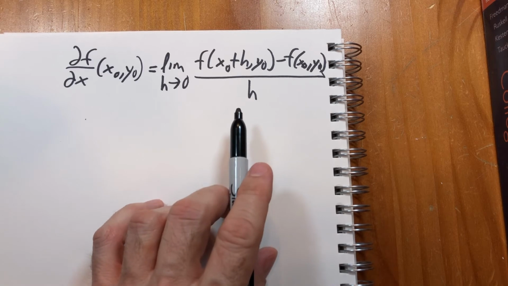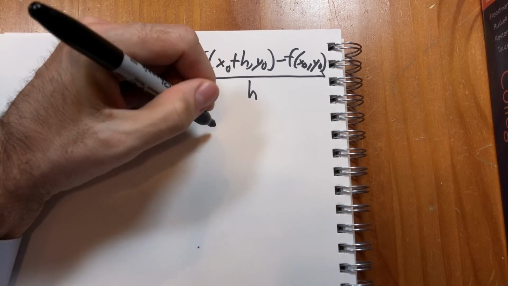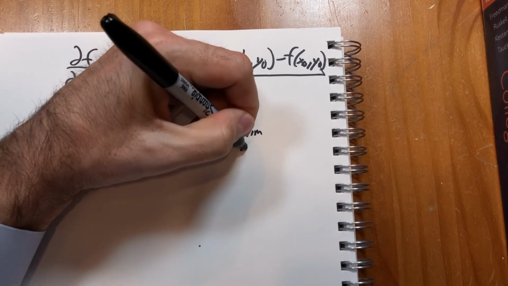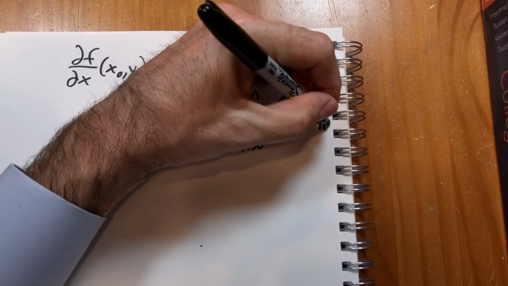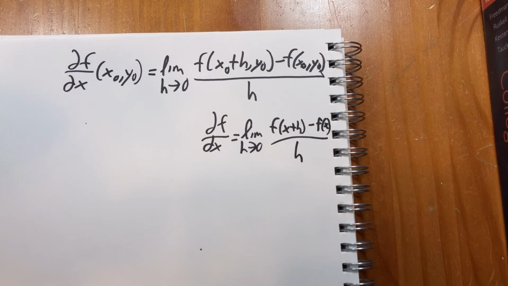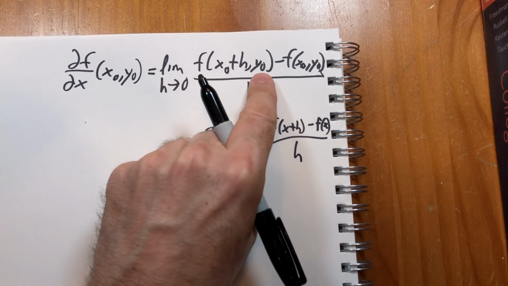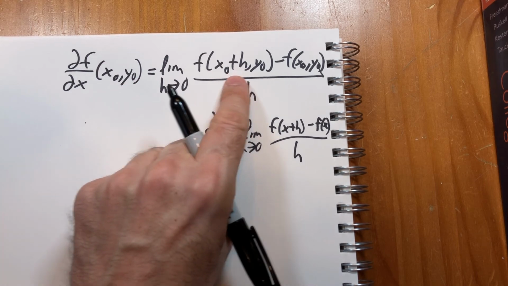This looks more complicated, but remember what's the derivative of a single variable? If we just had df over dx, it's the limit as h approaches 0 of f of x plus h minus f of x over h, right? So the only difference here is that we've added this second variable, but it's being held constant. The only thing changing is h.